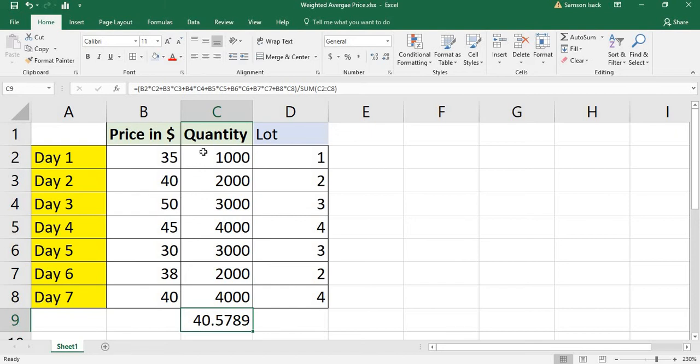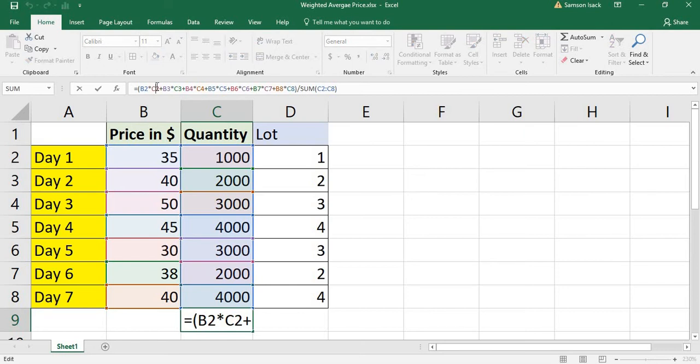Now I'm not going to use the usual manual method, because since it is only 7 days, you are able to do this sum of the products.